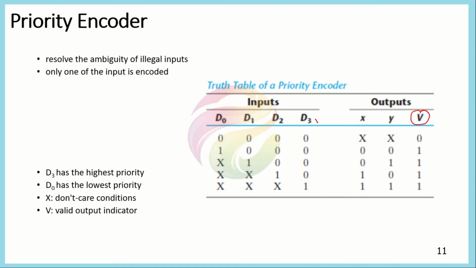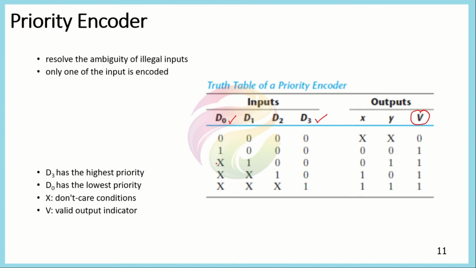We say that D3 has the highest priority, while D0 has the lowest priority here. So whenever we have, say for the first case, D0 equal to 1, we will have the outputs as the first combination of 0 0 here.